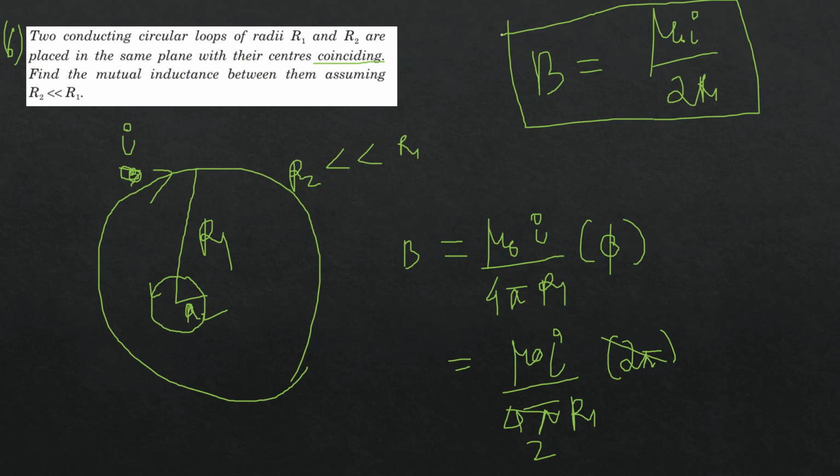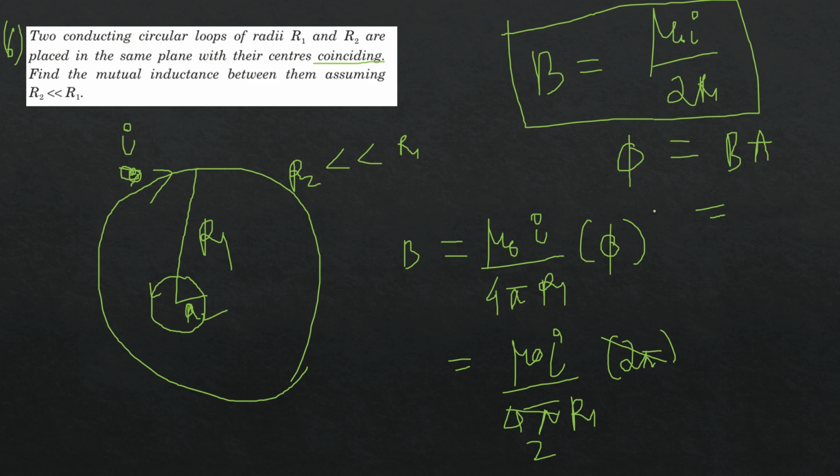But what do we need? We need the flux, right? We need the flux through the inner coil. So how do we find the flux? Flux phi is equal to magnetic field into area, BA cos theta, but here theta can be zero because they are concentric.